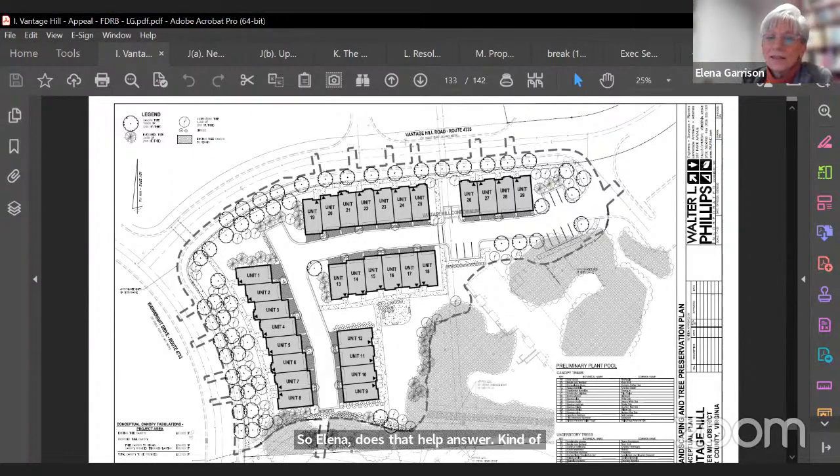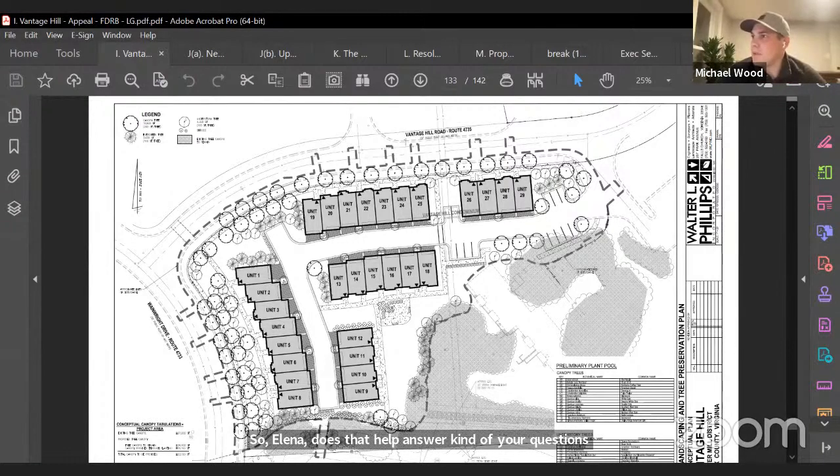I think you want to go ahead and make that motion that you were going to make with that information? Yeah, let me pull up the decision just so I make sure I have everything. So I'll make a motion to approve the application as submitted, and I'm going to read through the decision that we had.